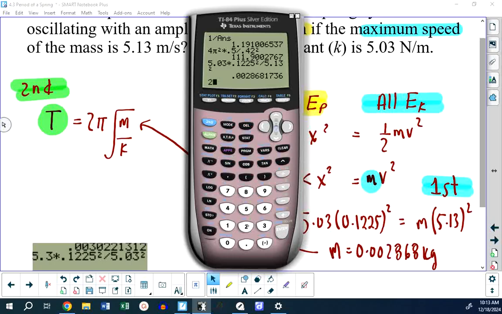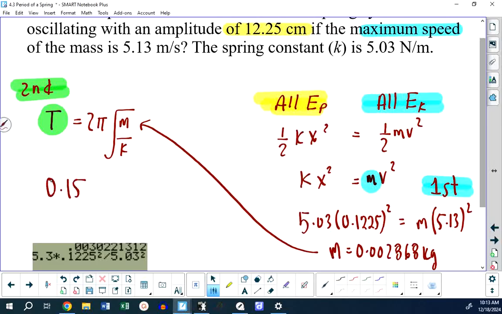So 2 pi square root of that number divided by 5.03, about 0.15 seconds. You getting that number? Okay. That's it. That's this lesson. 3 quick examples.